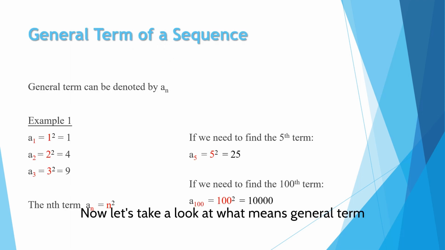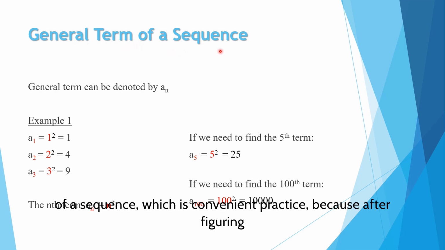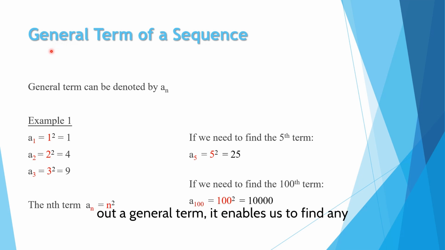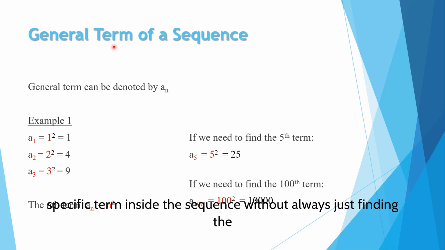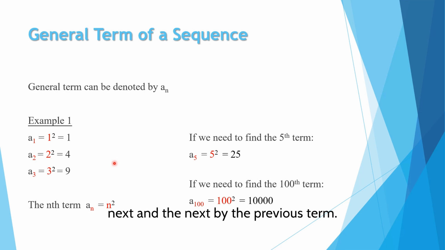Now let's take a look at what the general term of a sequence means, which is a convenient practice because after figuring out a general term, it enables us to find any specific term inside the sequence without always finding the next and the next by the previous term.